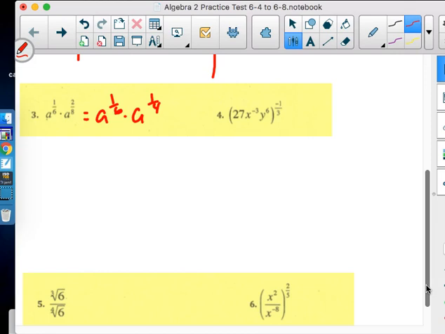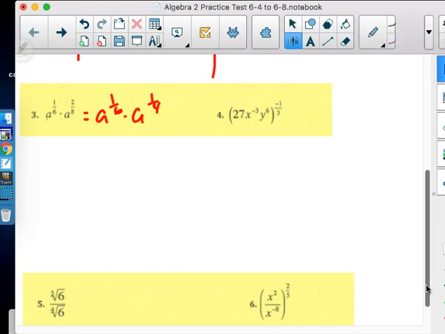Now, when we want to multiply similar bases, what are we supposed to do with the exponents? Add them. We can't add those two because they don't have the same denominator. Unless you use your calculator, and then you absolutely could add them, hit math number 1, and boom, the fraction will come out. But if I wanted to do this by hand, I have to have a common denominator.